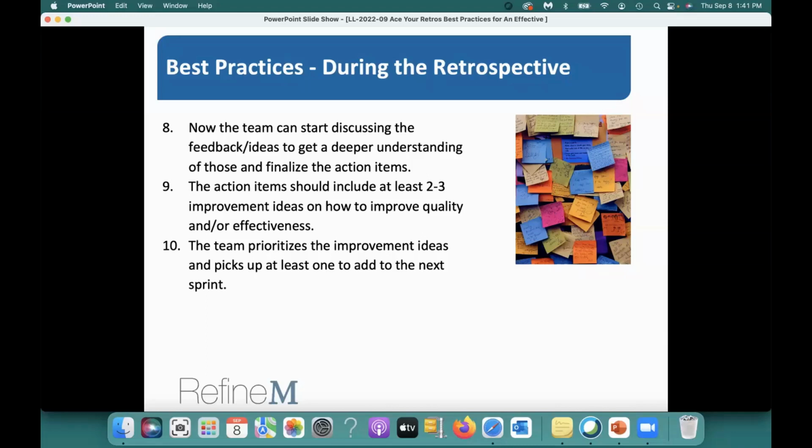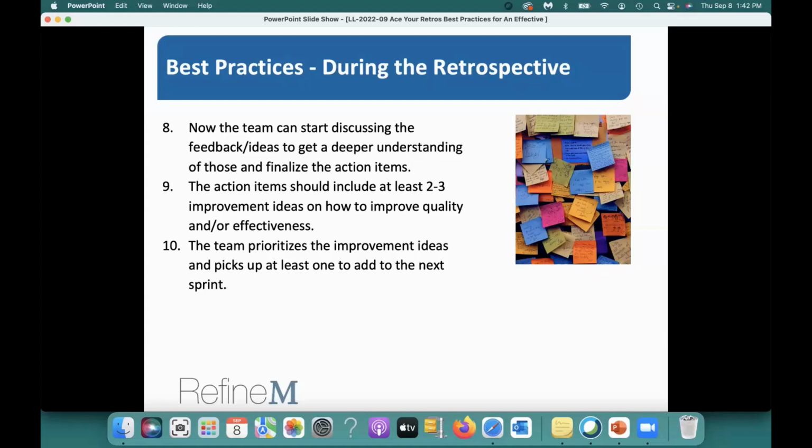A couple of improvement ideas on how to improve quality and effectiveness: what you're going to do to improve quality, and what you're going to do to improve effectiveness. That is good enough. You don't have to decide 20 action items and then not do anything. Decide 1 or 2. That's good enough.